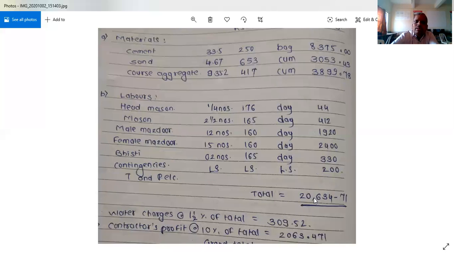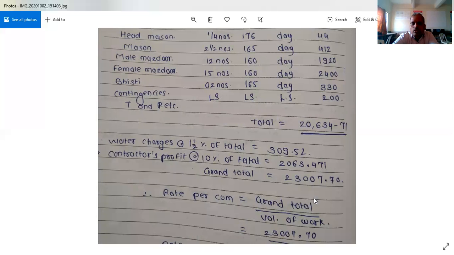So the total will be 20,674.71 paise. The water charges will be 1.5% of the total, it is 309, whereas the contractor's profit is 10% of the total, that is 2063.47, and the grand total will be 23,007 rupees 0.70 paisa.